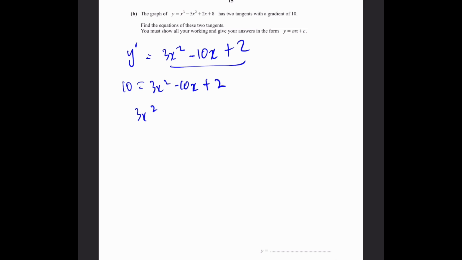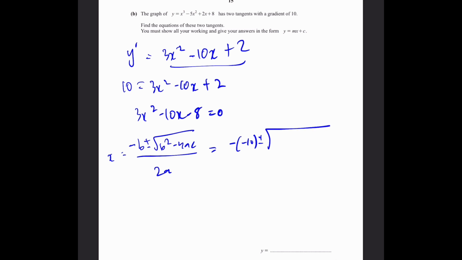Now we can just solve this equation. 3x squared minus 10x minus 8 equals 0. Now we just use the quadratic formula: x equals minus b plus or minus root of b squared minus 4ac, all over 2a. That will be minus of minus 10 plus or minus root of minus 10 squared minus 4 into 3 into minus 8, over 2 into 3.